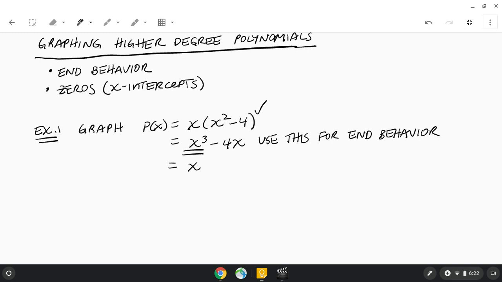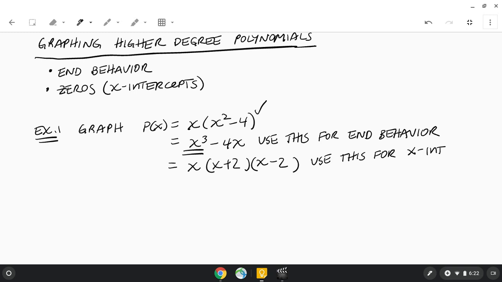So I'll keep that x here, and I'll notice that x squared minus 4 is the difference of two squares. So that's going to factor out to x plus 2, x minus 2. So here, now that it's completely factored, I can use this for the x-intercepts. Okay.